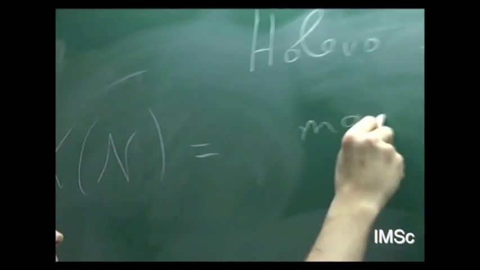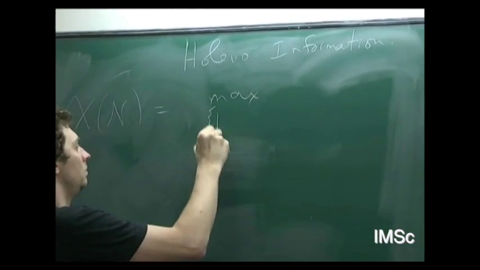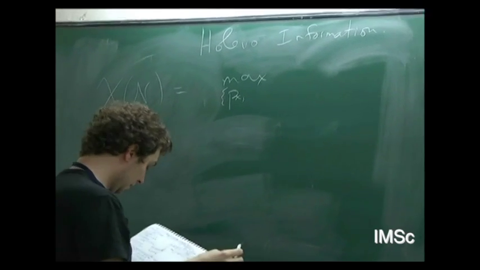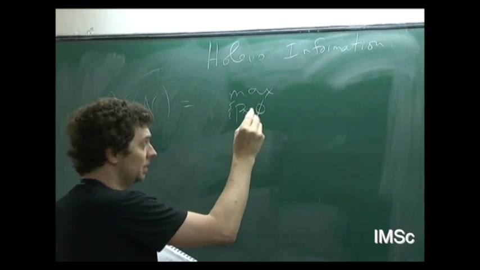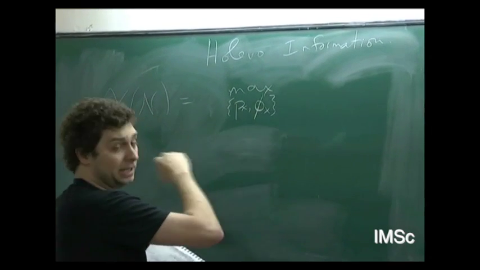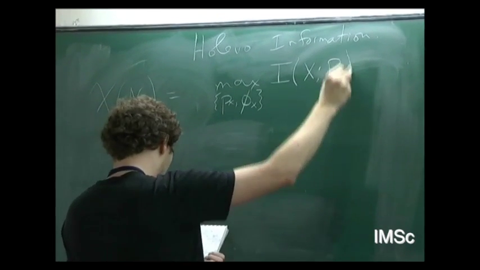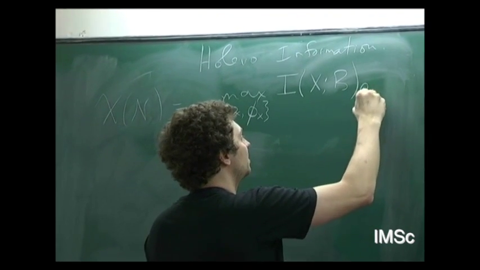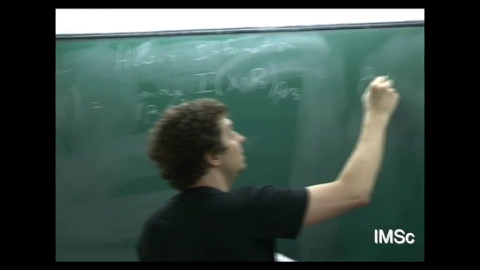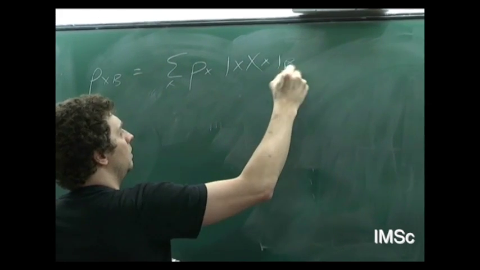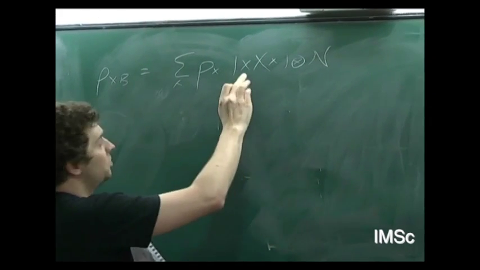So for a quantum channel, chi of N is just defined as the maximum over some probability distribution on x, some classical variable x, and some input ensemble, some collection of quantum states that are inputs to the channel, of the mutual information I(X;B), evaluated on this state rho XB, where rho XB is the thing that happens when you choose a random x.